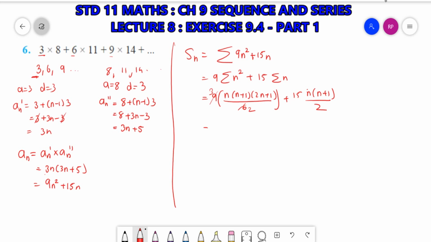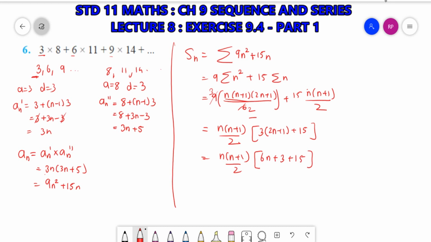Now let's see what we can take common. I can take n into n plus 1 and 2 common. What is remaining here? 3 into 2n plus 1. On this side, 15. 3 twos are 6n plus 3, plus 15.